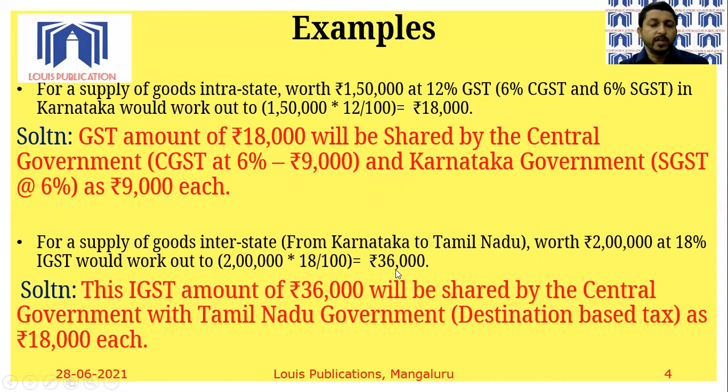So as I said first, the entire 36,000 will be given to the central government, and the supplier will send the entire amount of IGST to the central government. Half of the amount, that is half of 36,000, 18,000, will be retained by the central government, and another 18,000 will be shared with the Tamil Nadu government, because the recipient of goods is in Tamil Nadu and it's a destination-based tax. So I hope intrastate and interstate transactions are clear.